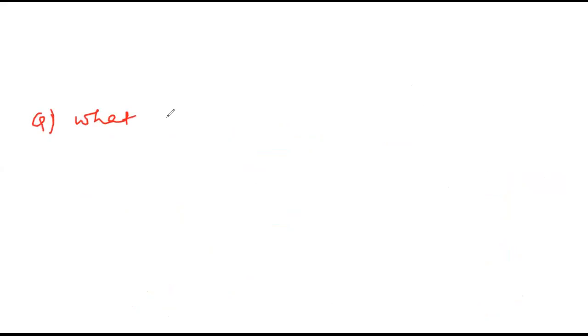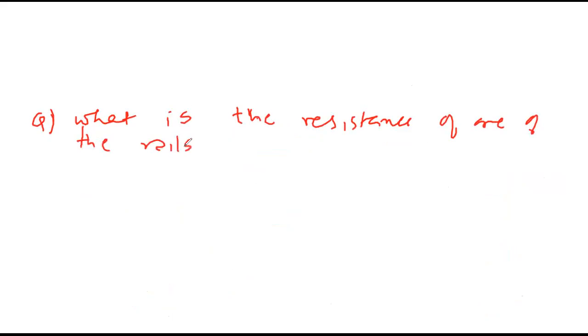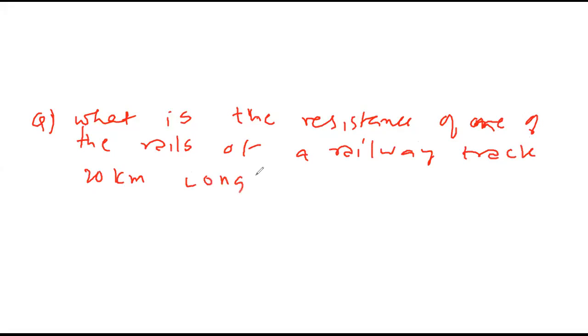What is the resistance of one of the rails of a railway track 20 kilometer long at 20 degrees Celsius?